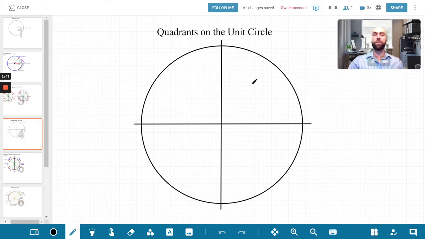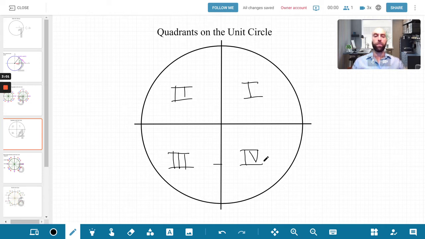The quadrants on the unit circle have a special significance. We have quadrant 1, 2, 3, and 4. And what we know from this is the sign for the x and the y values going around it.